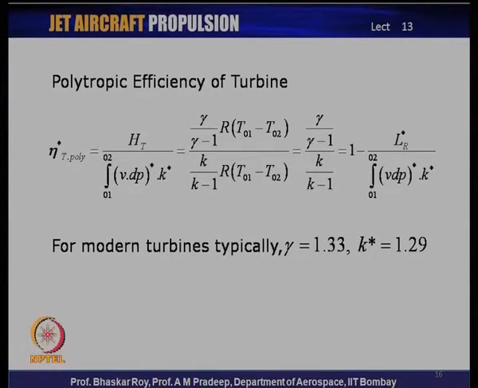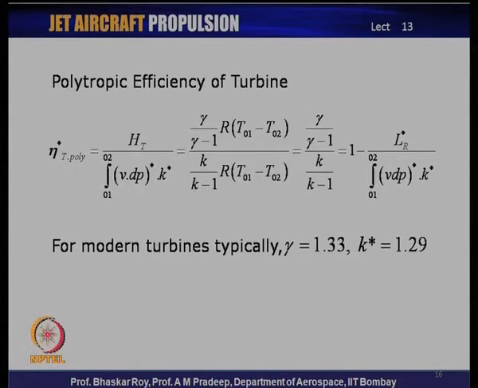As we have seen, the turbine, compressor and many of the other components are designed at a particular operating condition of the jet engine, and this is being shown in terms of that particular operating condition of T01 minus T02. That is the operating condition for which this turbine is being designed, and we are looking at the design efficiency of the turbine in terms of the operating condition as specified by the designer.